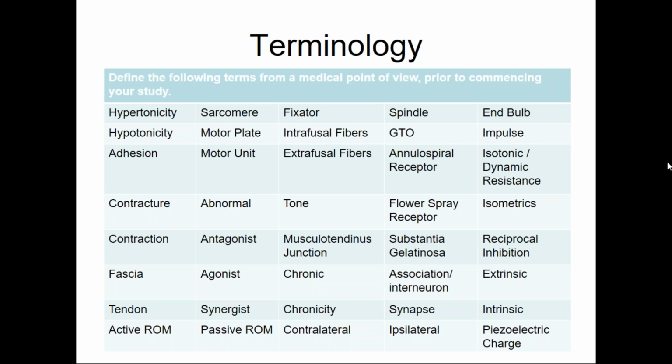Okay, sarcomeres are the individual little blocks where contraction occurs within the muscle. A sarcomere is comprised of your myosin, your actin, troponin, and tropomyosin that play a role in creating muscular contraction within a muscle.